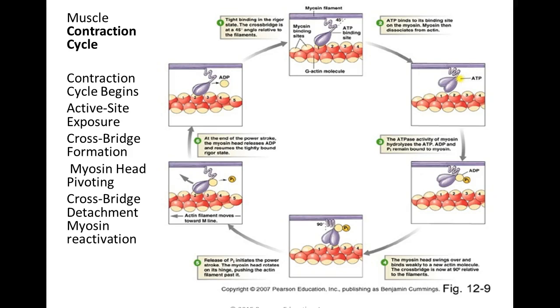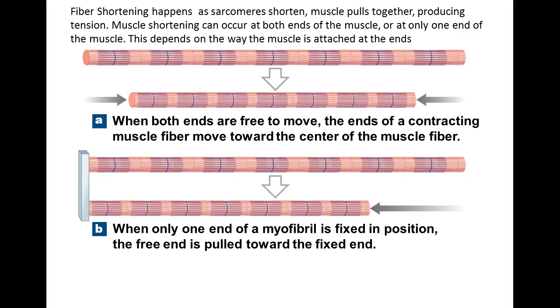It kind of hinges back, but that actually causes the thin filaments to pull. You can think of it like pulling a rope by that connection. That causes the sarcomere to shorten. All of this is happening in each of these units simultaneously. So as a group, they all shorten, and we see that as a muscle contraction.